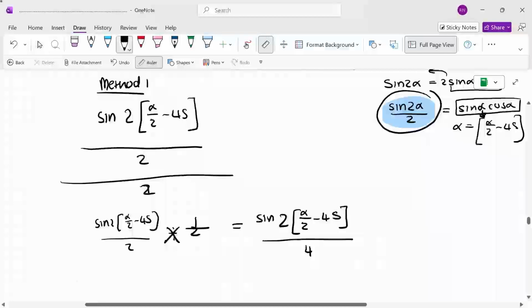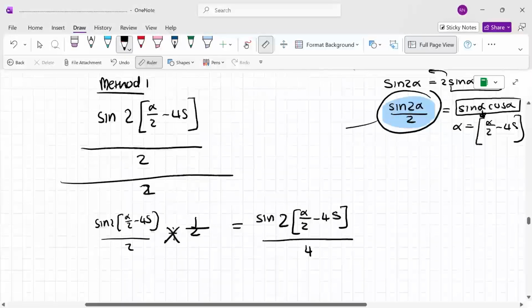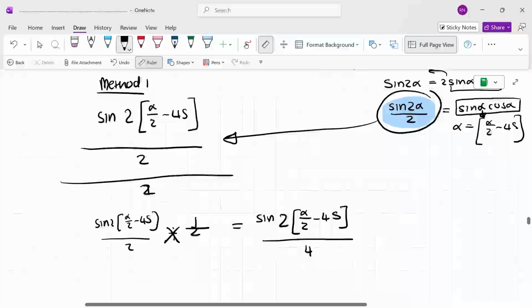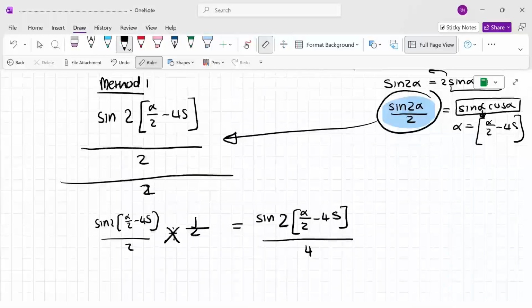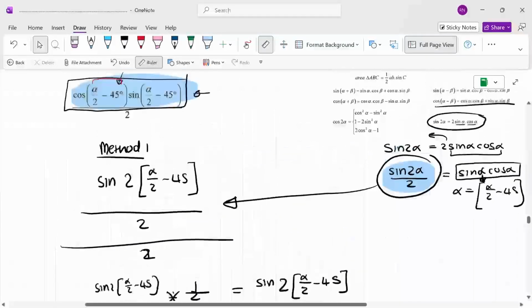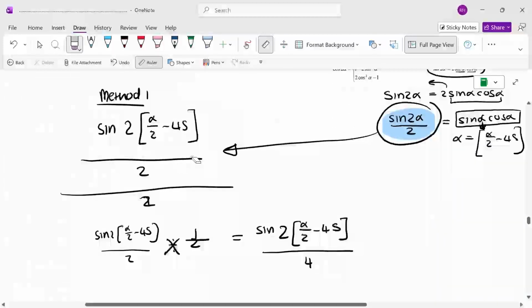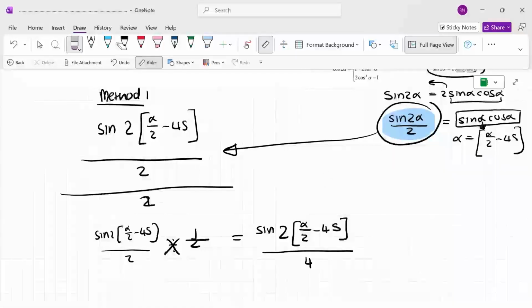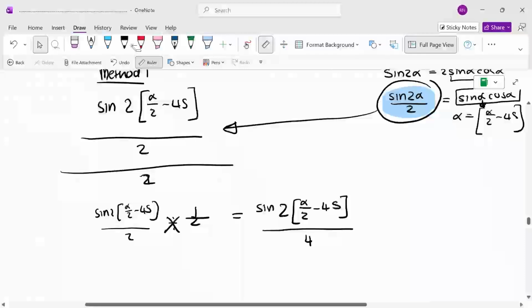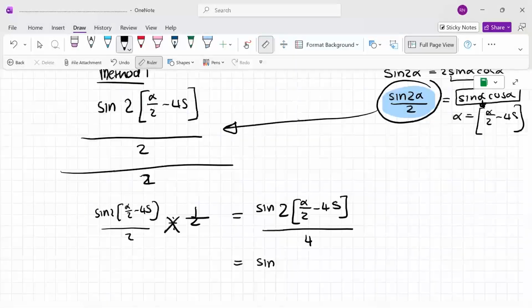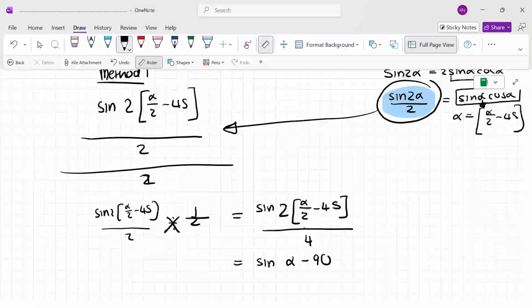Then if I'm dividing that by 2 because that's what it was in this configuration, it's just going to be times by 1 over 2, because you tip and times, which gets you here where we are now. And now I can multiply that 2 in. I'll have sine of 2 times alpha over 2, which is just alpha, minus 90, over 4.